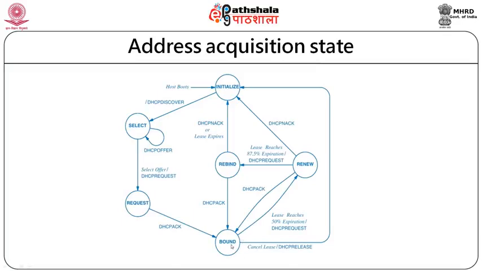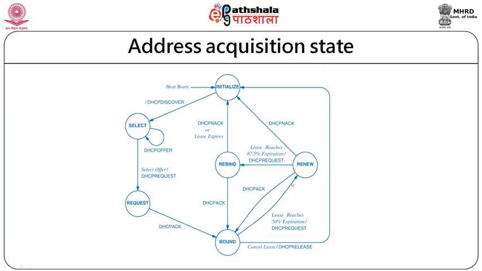Once it is in the bound state, after 50% of the lease time has expired, because now the client gets a lease, it will send a DHCP request to renew it again.